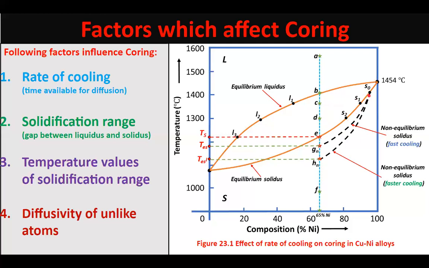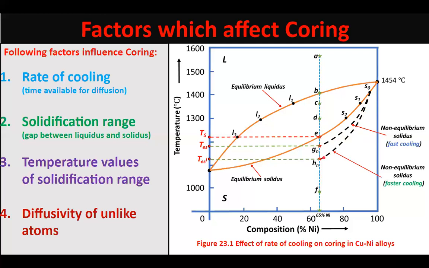In the last session we had seen that if we follow some fast rate of cooling, there would be a departure and a new effective solidus line would be obtained. Now students, for the same alloy, if the rate of cooling is even faster than the non-equilibrium rate for which this solidus line was obtained, then there would be more departure between the equilibrium solidus line and the effective solidus line, and the curve may be this.